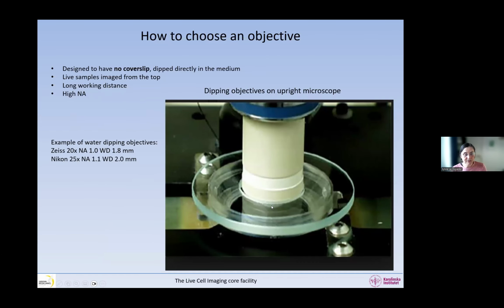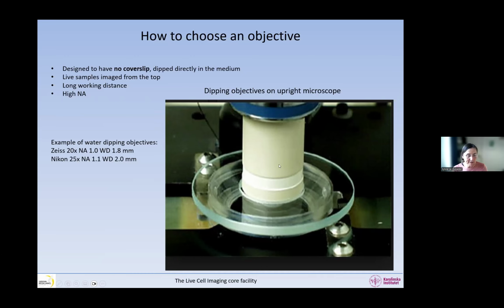This is an objective that is designed to have no cover slip. So it's called a dipping objective, and you put it directly into the medium, and it's used on upright microscopes. So when the objective is designed to have no cover slip, do not use a sample with cover slip. Okay. So the live samples, for example, that are imaged from the top, and when they need a very long working distance and a high numerical aperture, this is the type of objective you will get.